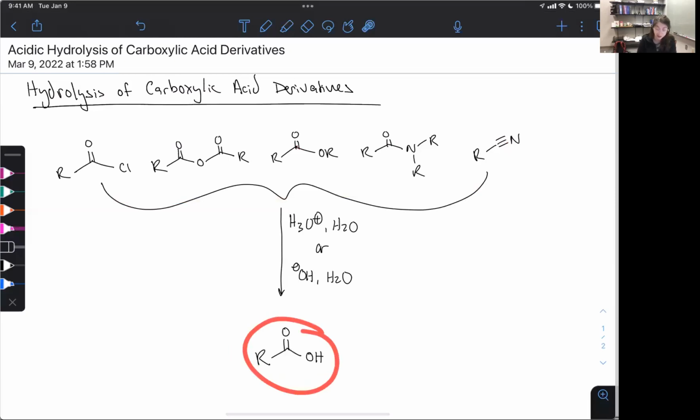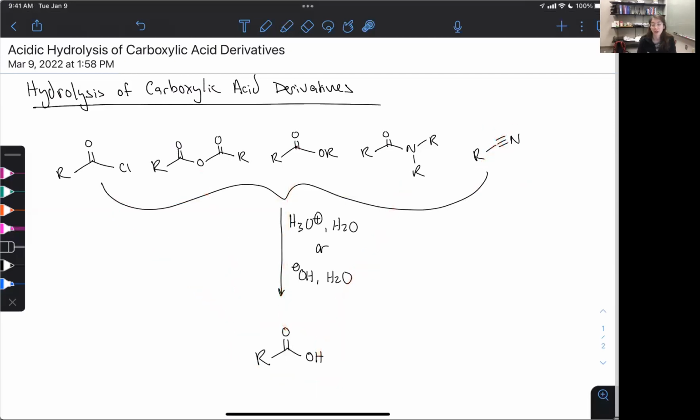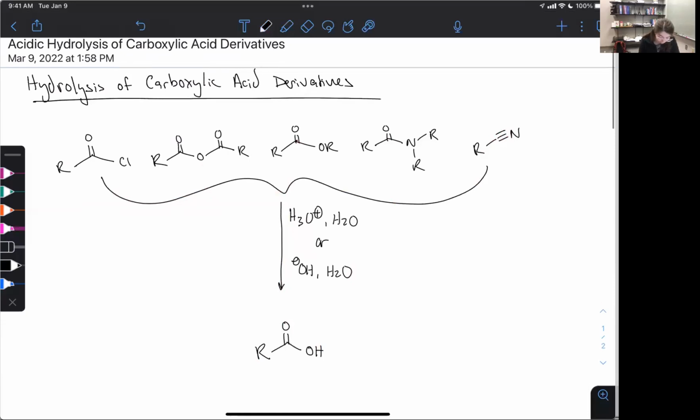And once you have the carboxylic acid, you can get to any of these, not the nitrile, or at least not that we'll be talking about. So it's a really handy intermediate to have in your back pocket. We're going to go through the acidic hydrolysis here, and in another video I'll go over the basic hydrolysis.